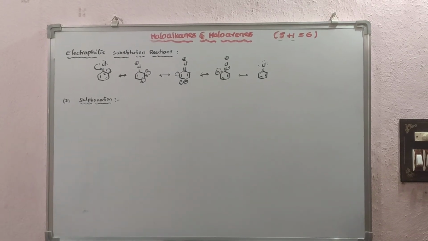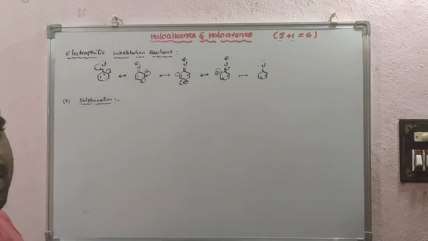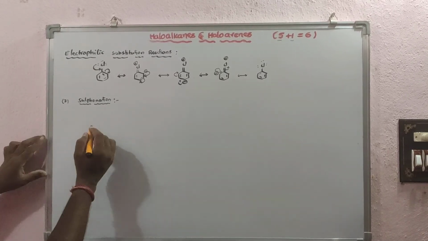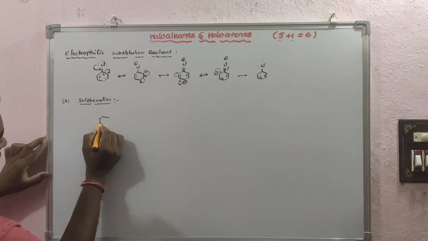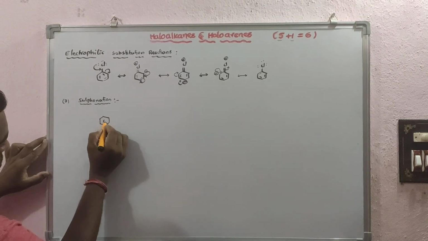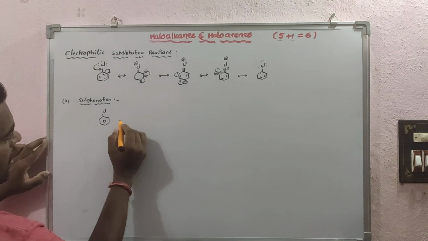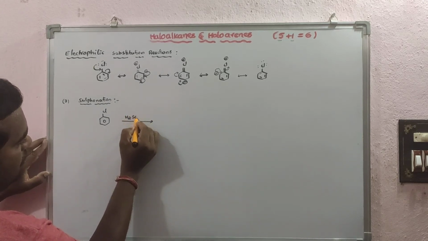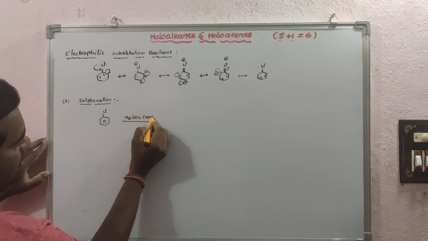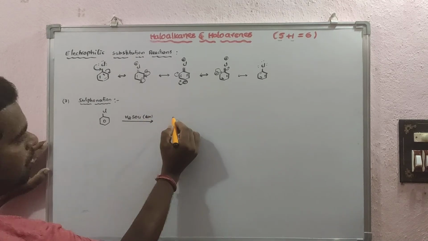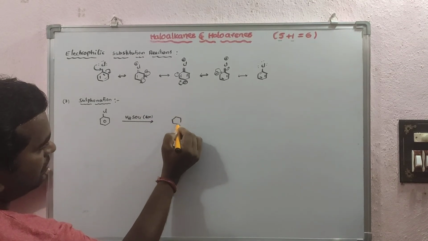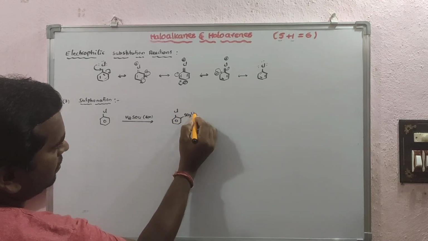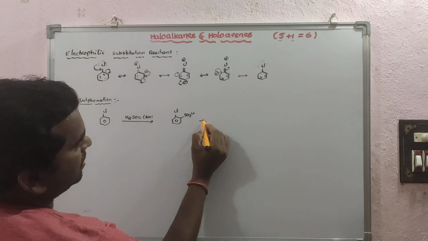Next one is sulfonation. We have completed chlorination and nitration. If you take the same chlorobenzene and concentrated H2SO4, sulfonation, what product will you get? You will get benzene sulfonic acid.